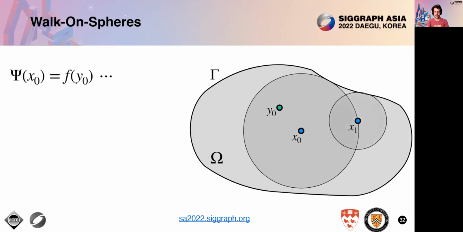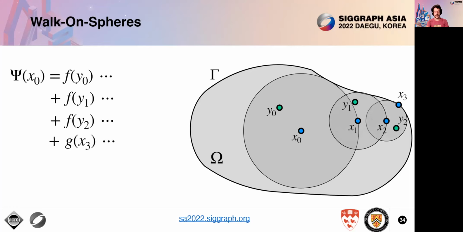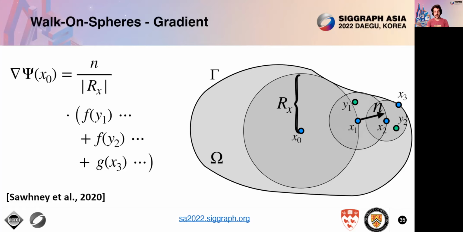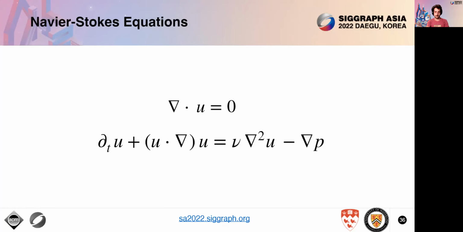Then, we sample a new position on the sphere boundary. Once done, we find the largest sphere around this new point, and then we iterate this process of adding and sampling until we get close enough to the boundary. Finally, we add the nearest boundary value to the running sum and terminate the recursion. With some minor modification, this approach can even be made to approximate the gradient of the solution directly.